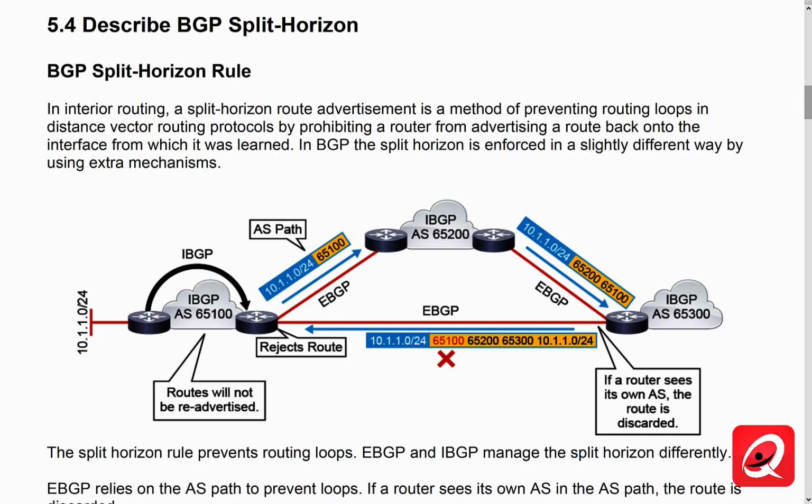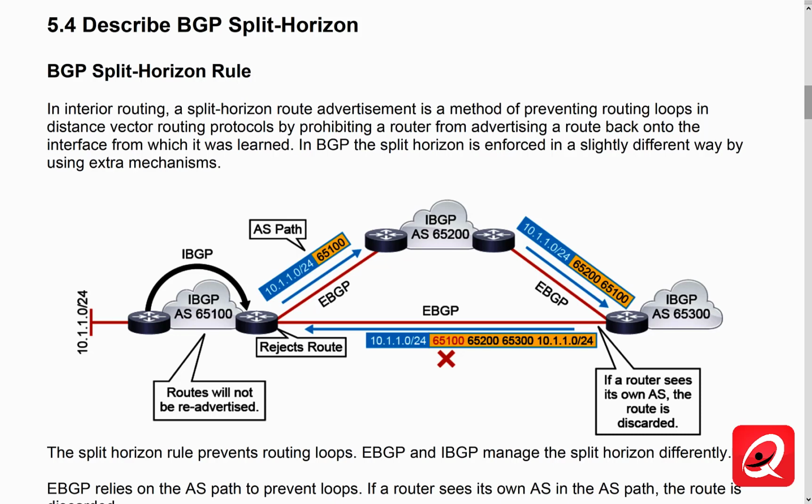If I see my own AS in the AS path attribute, I already know that, hey, I already originated this route, and now I'm seeing my AS again in the AS path. That means that somehow this information has come back to me, and I can go ahead and ignore that information because it's clearly been looped.